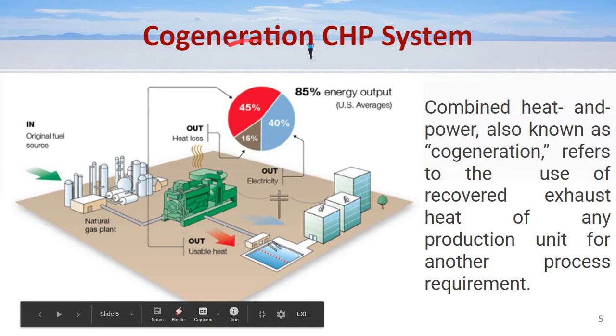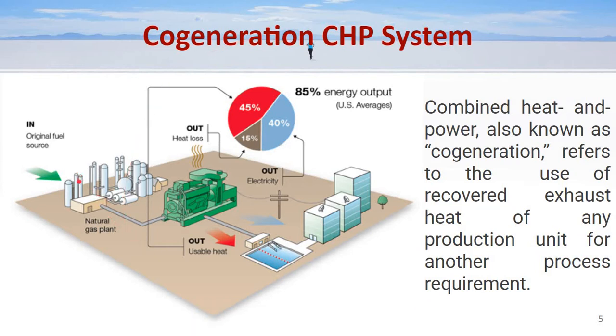You can see in this graph that of the 60% heat, 45% can be used for some other purpose, whereas 15% we cannot do anything; it goes as heat loss to the atmosphere.